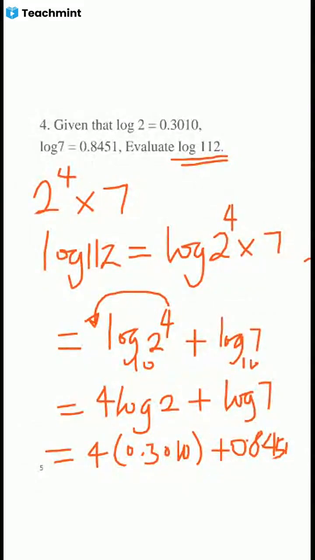So on our calculator, 4 multiplied by 0.3010, then plus 0.8451. So our answer is going to be 2.0491. See how easy this is?